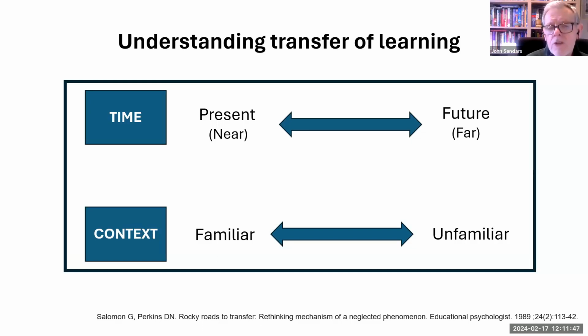And this is called near transfer. But if you do that 6 months later, that is far transfer. The research suggests that for something like lumbar puncture, the learner may be unable to perform all the correct steps.